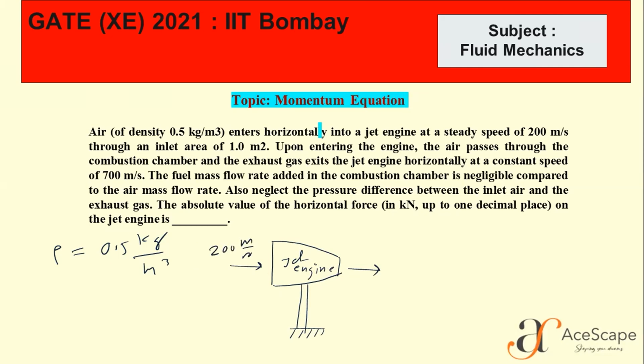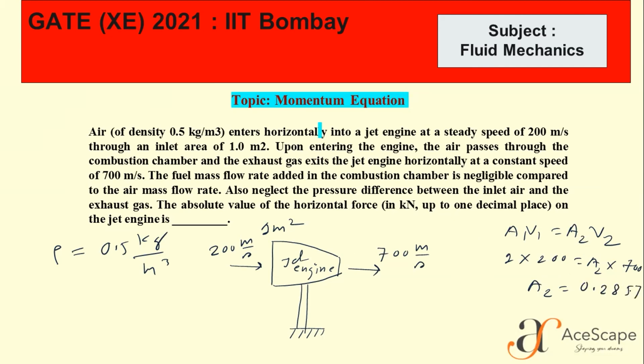Air 200 meter per second. This is 700 meter per second. Here it is 1 meter square. I don't know this area, so we all know this. A1 is given 1, V1 is 200, A2, V2, V2 is 700. A2 will be 0.2857.